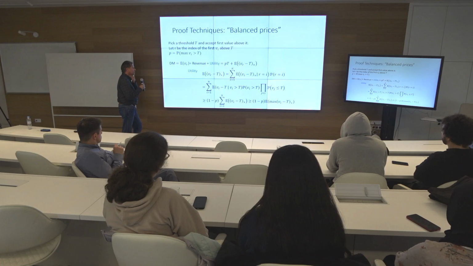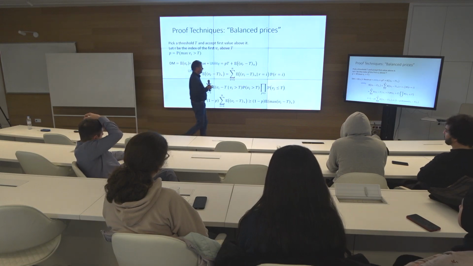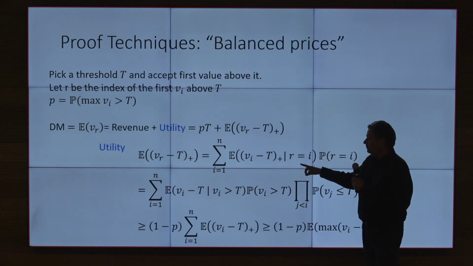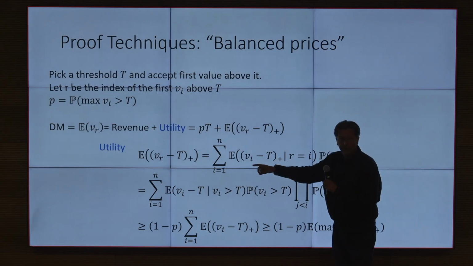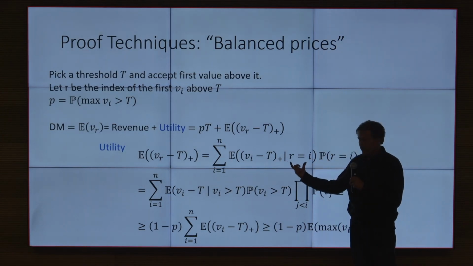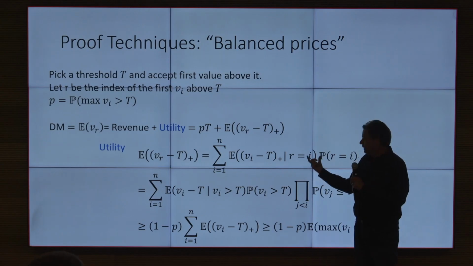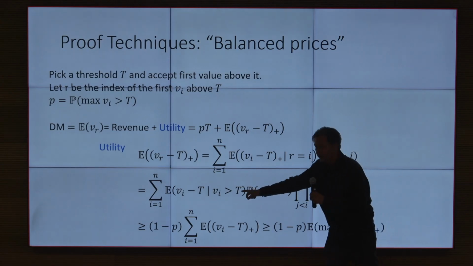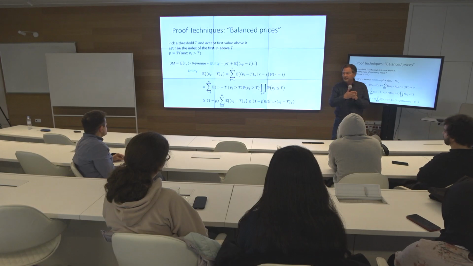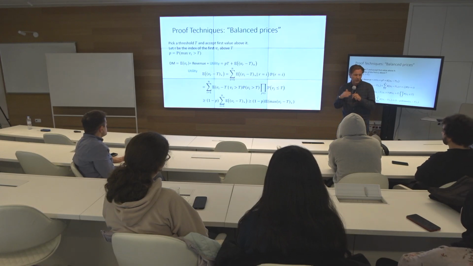And then there are two issues here. One is that, since the valuations V_i are independent, the only relevant information in this conditional expectation is that V_i was bigger than T. The other information this is giving is that all the V_j that came before were smaller than T, and that's why we didn't stop.